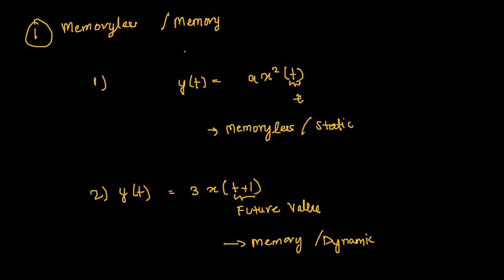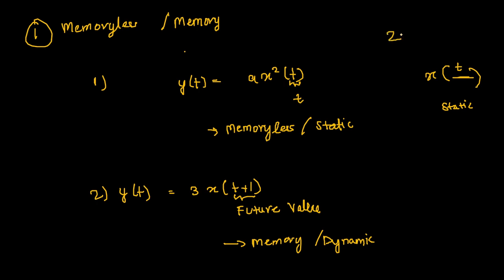So basically what you can notice is it doesn't matter about what is outside the bracket, as long as what is inside the input function is simply t, then it's a static system. And if there is any addition or multiplication to that, then you can say that it's a dynamic system.